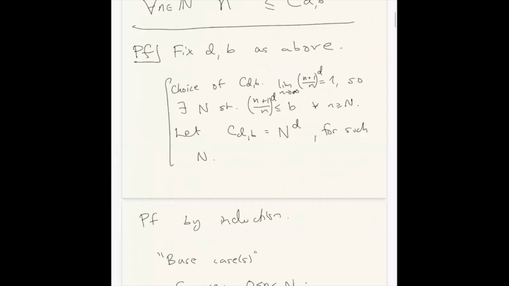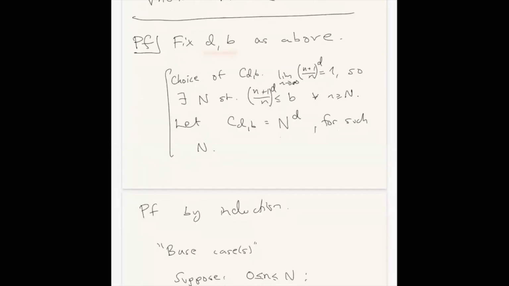If we fix d and b as above, then we first have to choose C_{b,d}. We use the fact that the ratio of two consecutive terms is going to 1. The power is continuous, and the argument is converging to 1.